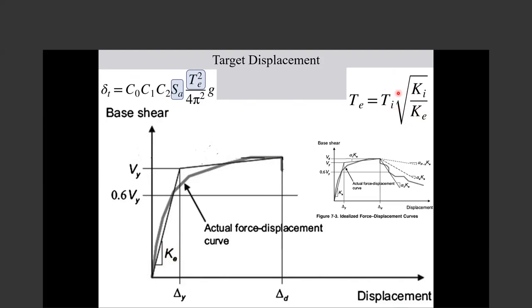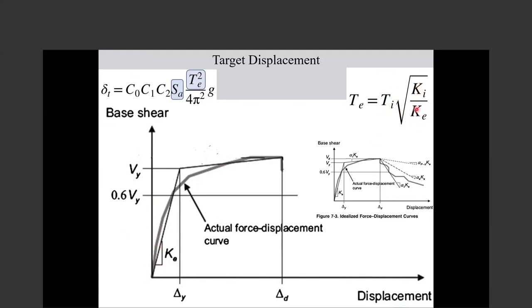You already have the period of the building, and you already have the tangent to this curve, which is the slope, the initial stiffness. So the initial stiffness is known, and the initial period is known.